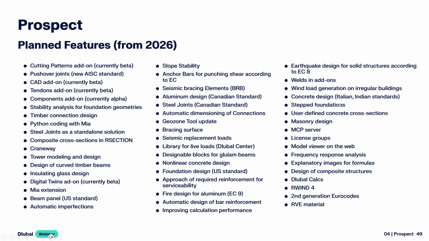So then I showed you also, that's also an important feature, wind load generation on irregular buildings, not only on rectangular buildings. It will be also possible for such buildings.